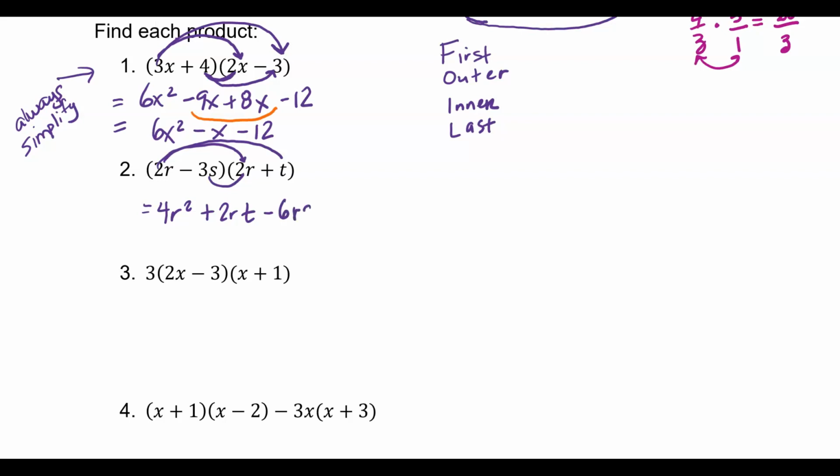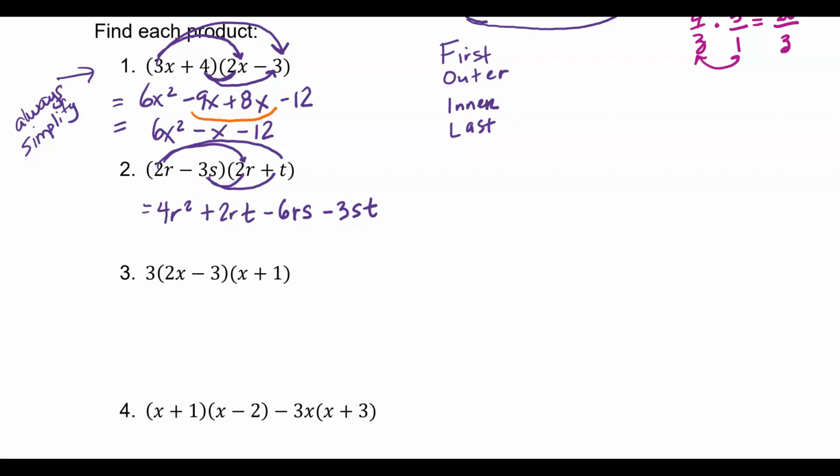I'm going to write rs this time. And then negative 3s times t is negative 3st. Now we always need to simplify if possible. But in this case, I don't have any like terms. So we are done with that problem.